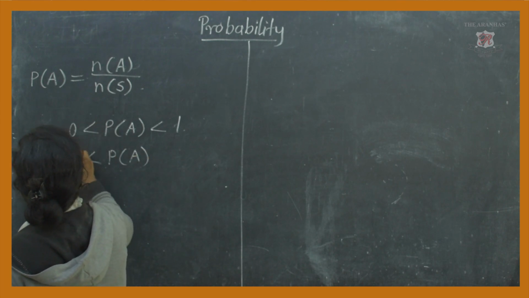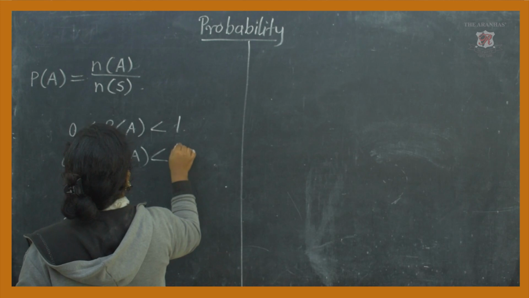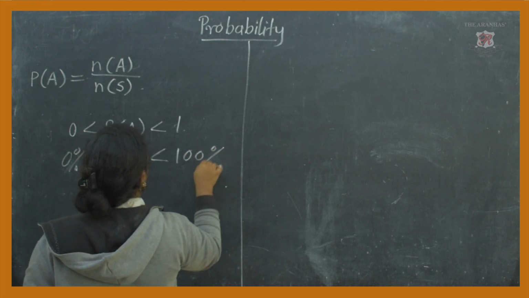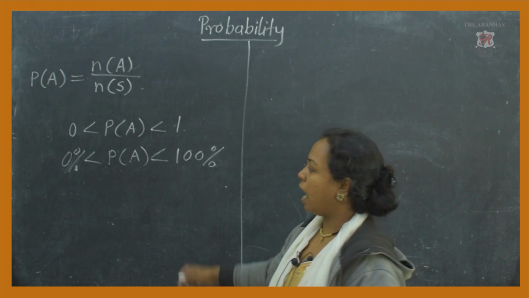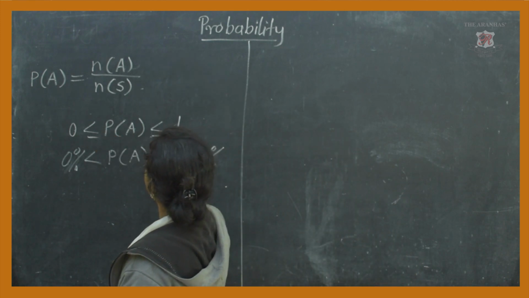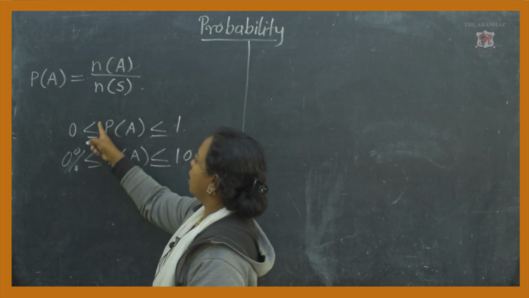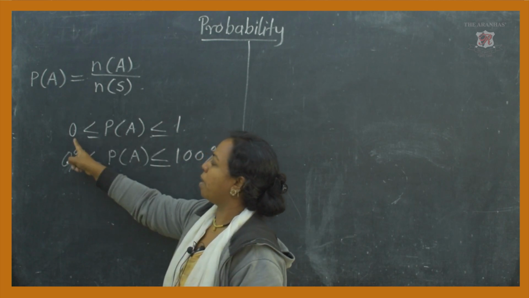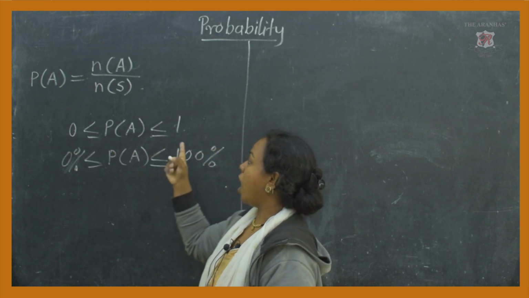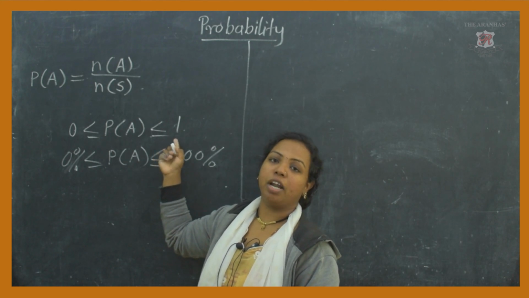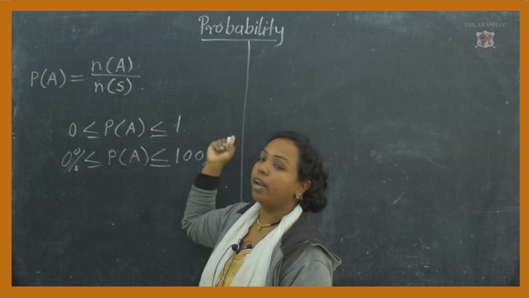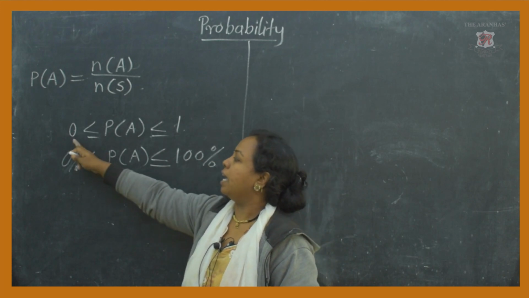0% to 100%. It is in between 0% and 100%. So this is less than or equal to. That means probability can be 0 or can be 1 or in between 0 and 1, but it cannot go further than 1 or below 0.